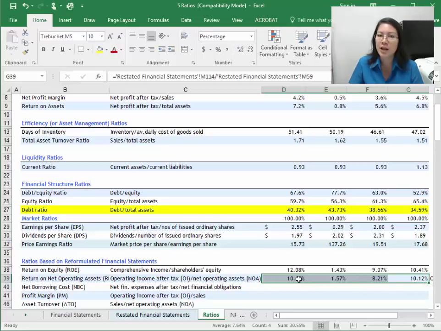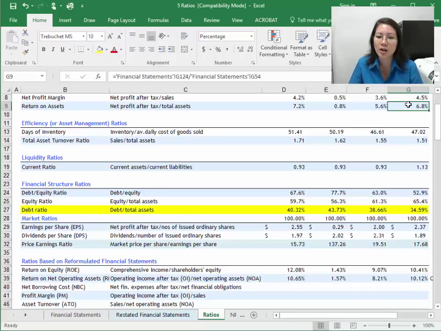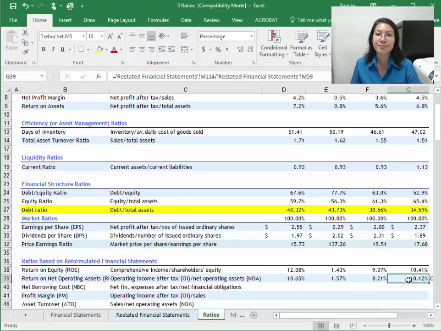So this gives us a better indication of how Wesfarmers is utilising their assets for operations. Instead of just using total assets, we've separated out operating assets. Instead of using net profit, we're using operating income, not financing income. So when we just look at the operational side, our return is a lot better. This is a positive sign.